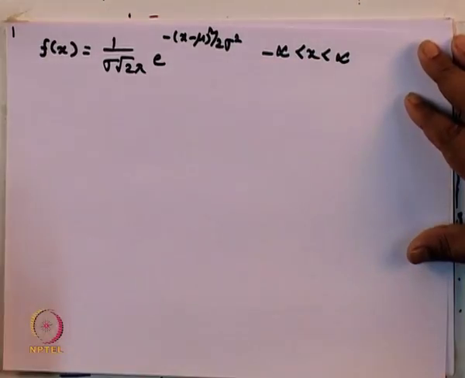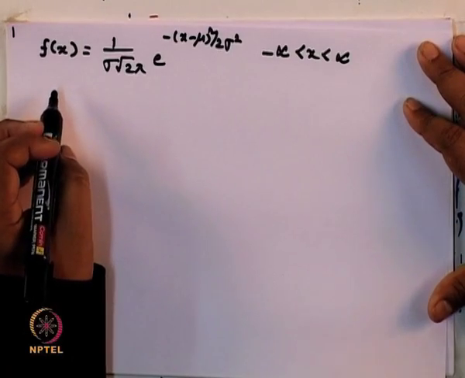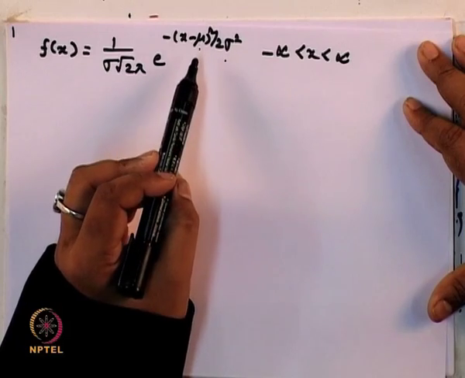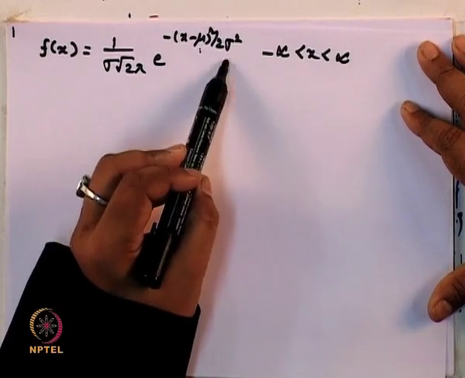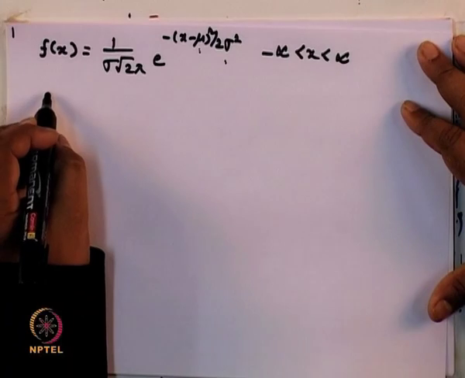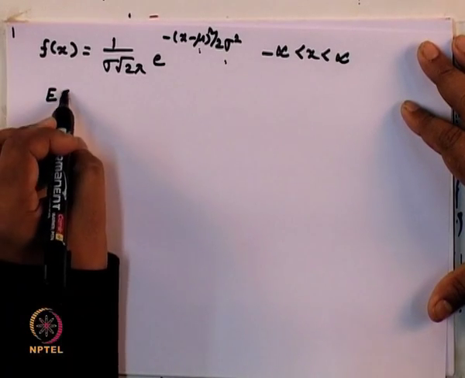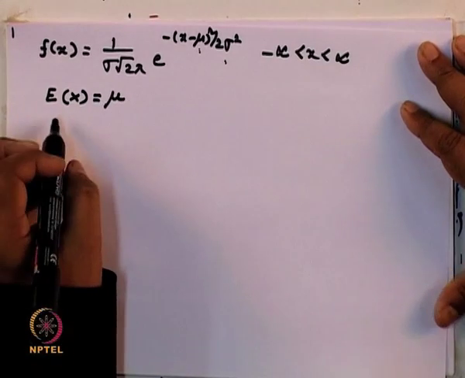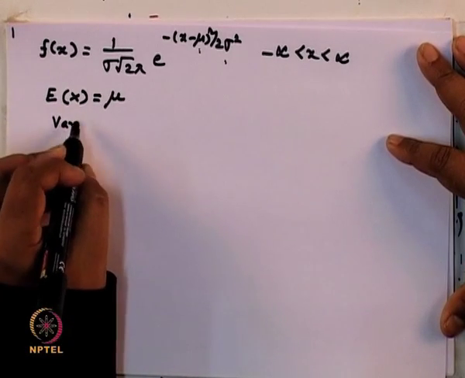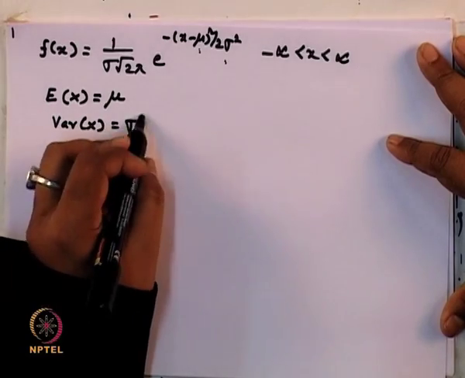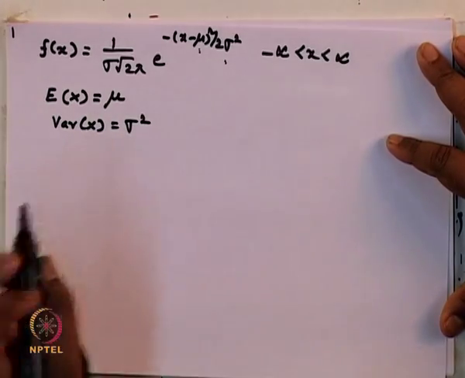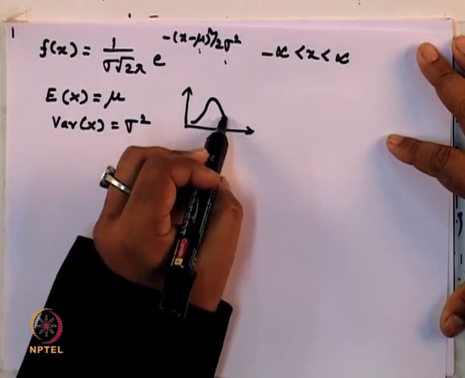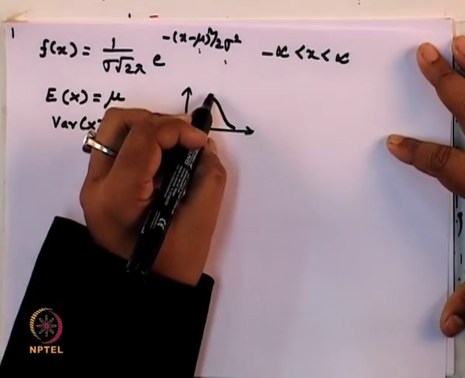As you see, there are two parameters in this normal distribution probability density function, mu and sigma, and we had derived that for a normal random variable the expectation of x will turn out to be mu and the variance of x will come out to be sigma square.